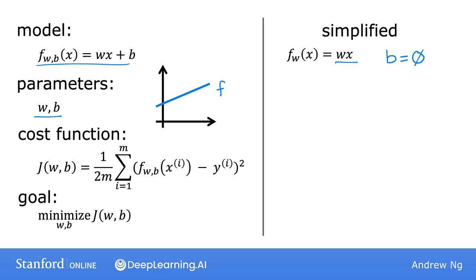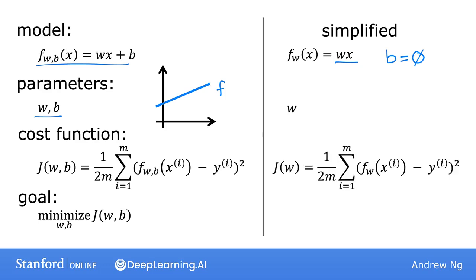So you now have just one parameter w, and your cost function J looks similar to what it was before, taking the difference and squaring it, except that now f is equal to w times x^(i), and J is now a function of just w. And the goal becomes a little bit different as well, because you have just one parameter w, not w and b.